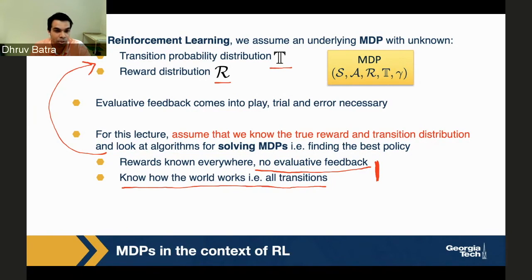For example, if you try to pose a robotics problem like navigation or manipulation of objects as a reinforcement learning problem, like I'm trying to teach a robot to pick a mug up and place it from point A to point B, in that case, knowing how the world works is assuming that you have a perfect physical replica of the world. You have a perfect simulator of the world inside the robot's head.